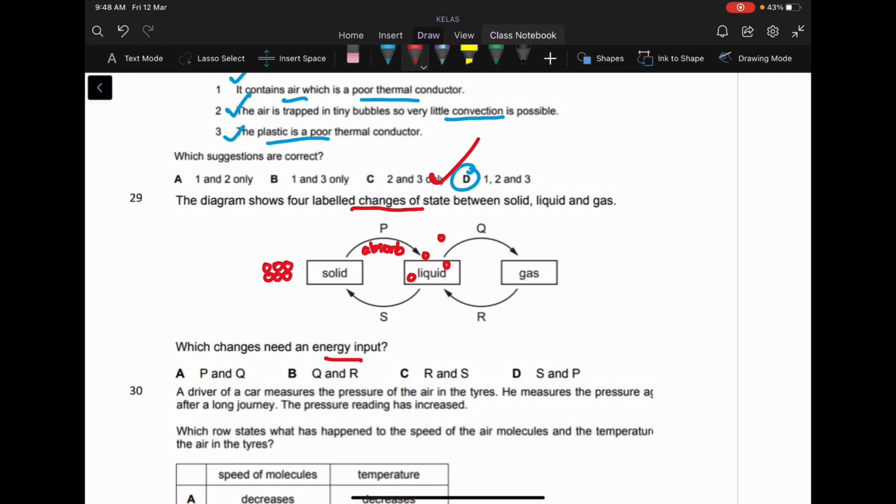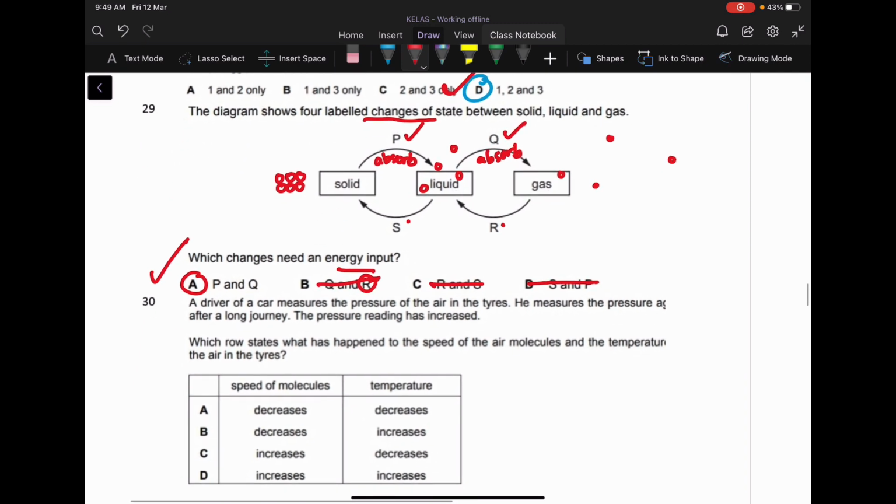So P has energy input. Now at Q, from liquid to gas, the distance is even further, so this is also heat input. So P and Q is the answer. R and S is wrong, because there heat is released to form the bonds.